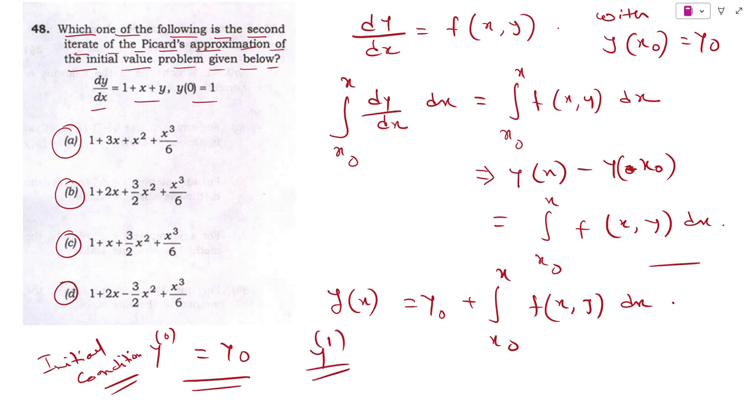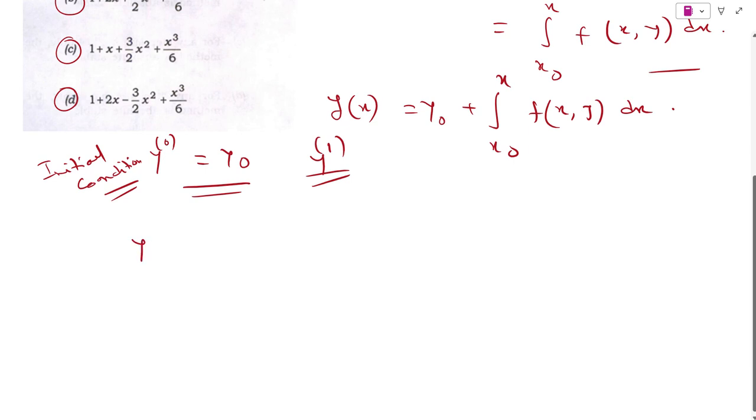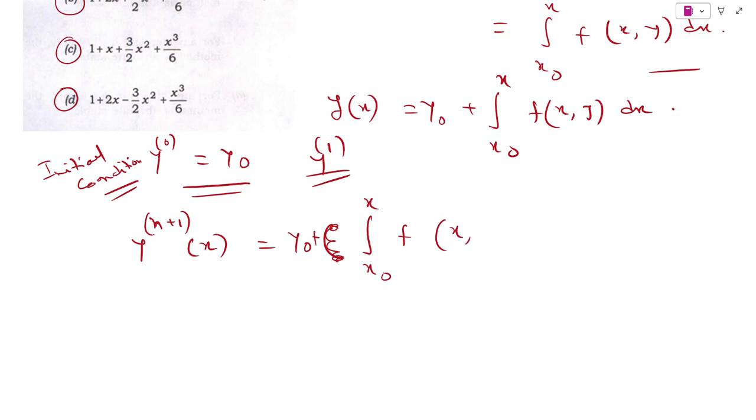Now we repeat this process using the general recurrence formula. Each step transforms our approximation into a polynomial that draws closer and closer to the exact solution.